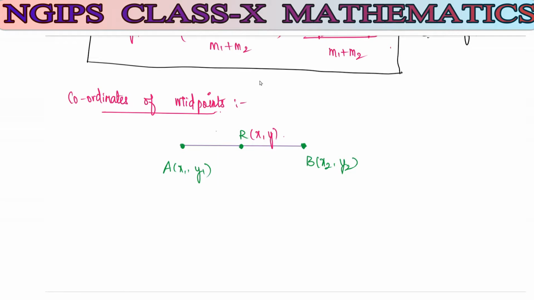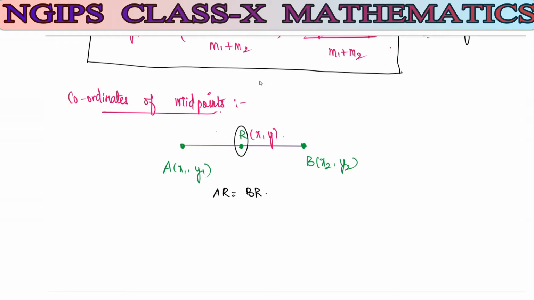Now if we apply that formula to find the midpoint, this R is a midpoint because it is the center point of the line joining A and B. AR distance is equal to BR, both distances are equal. So this R is the midpoint.